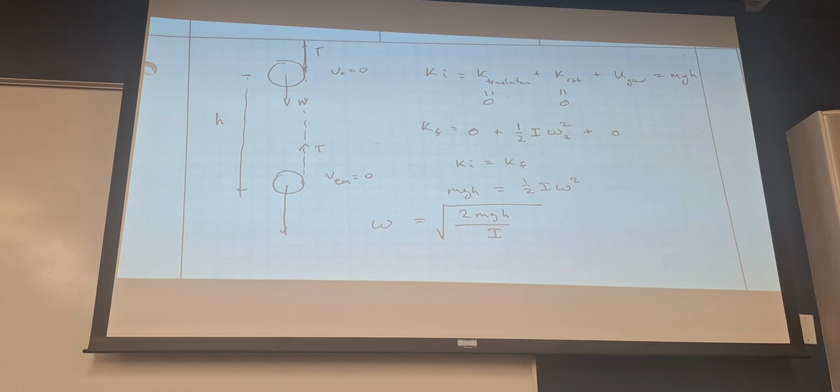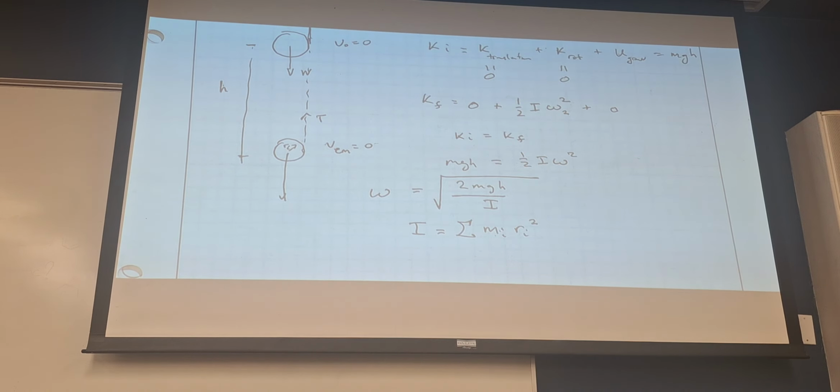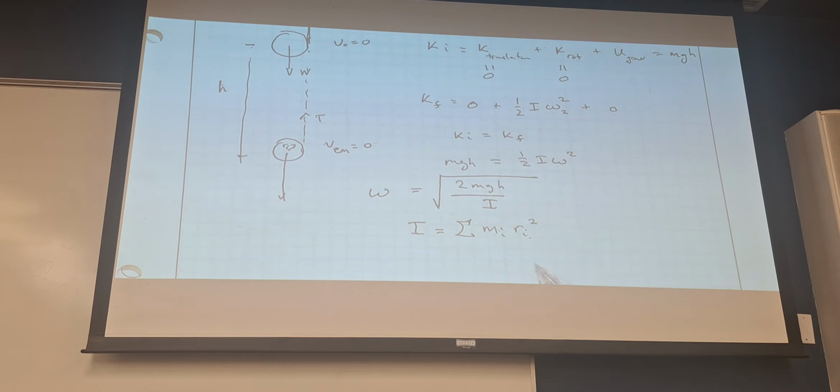Same mass, it's just shrinking. It's because of this I here, right? So I is equal to the sum of m_i r_i squared. This is r_i here. It's pointing to some object, right? So if my r_i gets smaller, then I gets smaller.